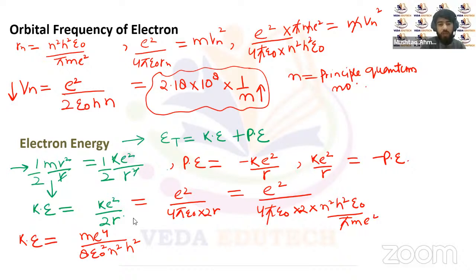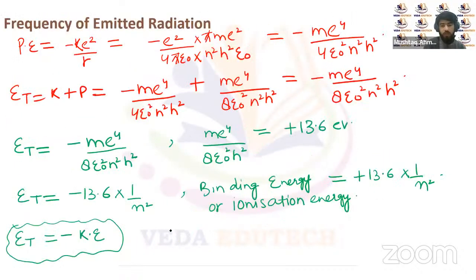And the value of kinetic energy and potential energy, you can see here, total energy is equal to minus times kinetic energy. So E total, we know, is equal to KE plus PE, or you can say minus KE equals KE plus PE.